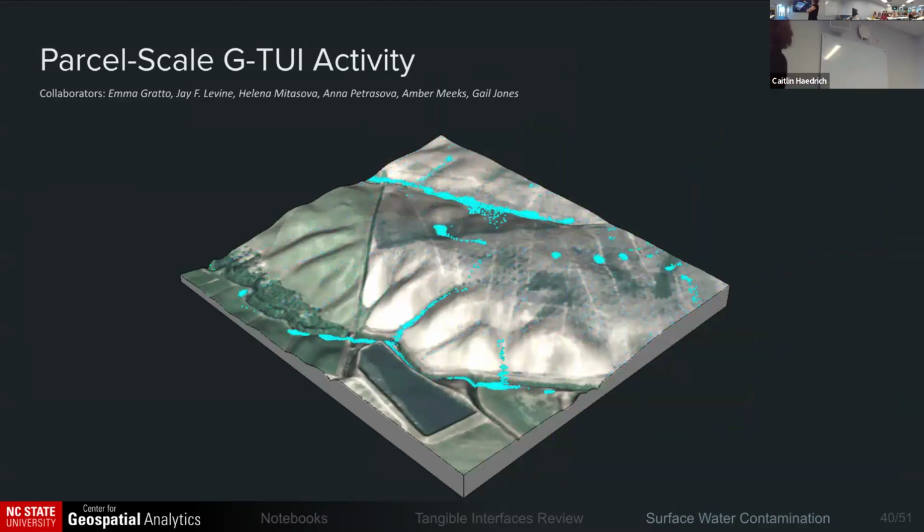a GUI activity. This is the SIMWE overland flow model, which is implemented in GRASS. These particles maybe represent some fecal waste that's been land applied, and they're moving through the topography to the waterways.